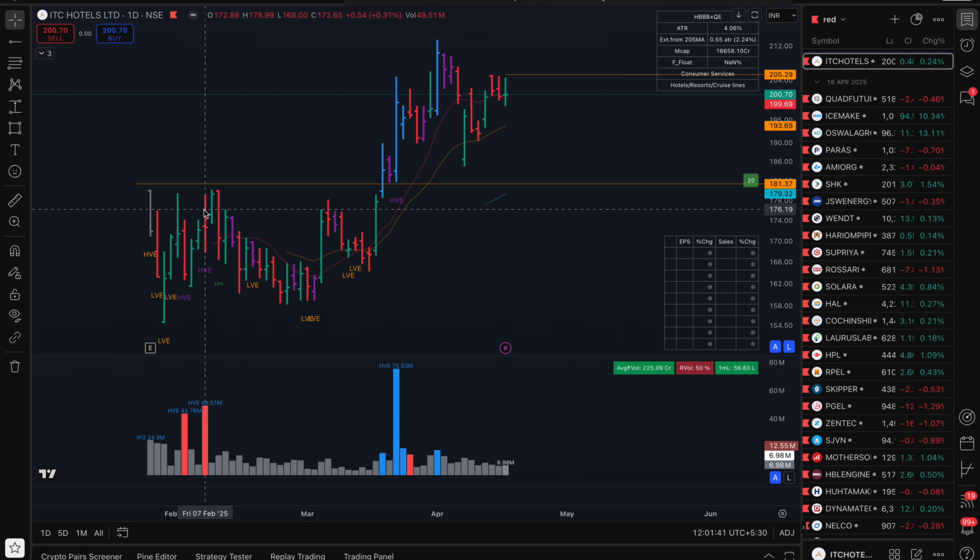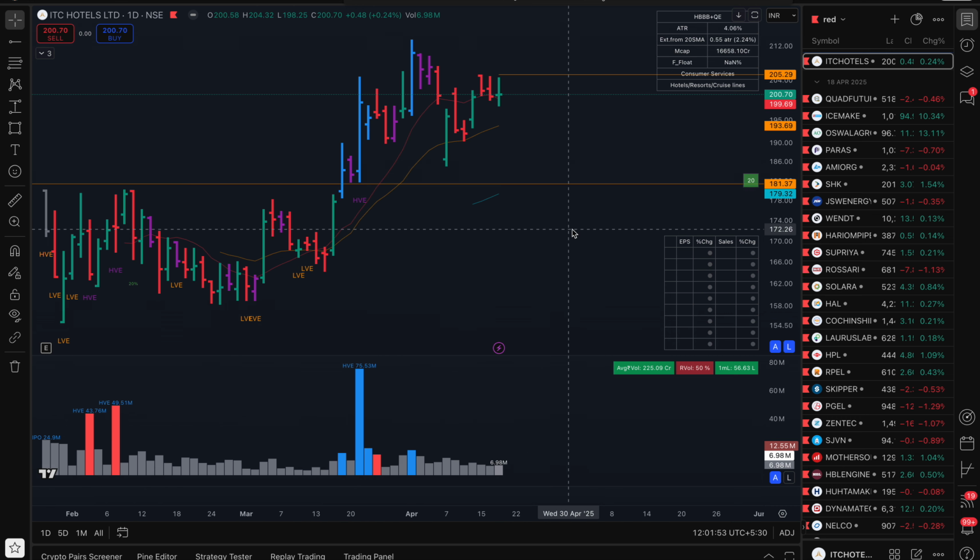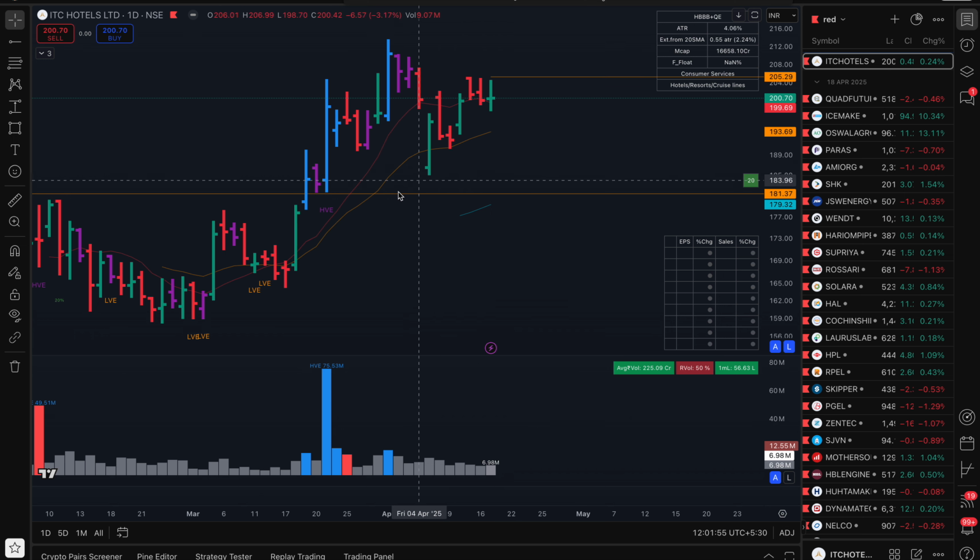So IPO base, or I don't know, this is a demerger, so I don't know if they call it IPO, doesn't matter, it's a very new stock. Then there is a breakout here, uptrend, and this is in fact the first time after the breakout it has come and set up on the key moving averages.